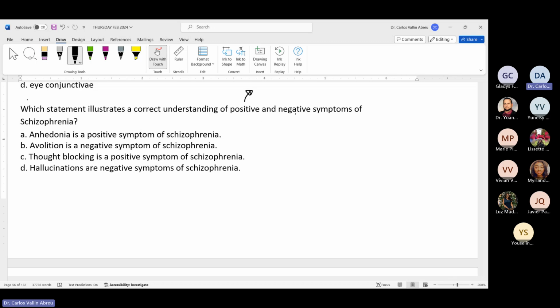Negative symptoms are skills and characteristics of the personality that were present before the disease and are lost when the disease appears.